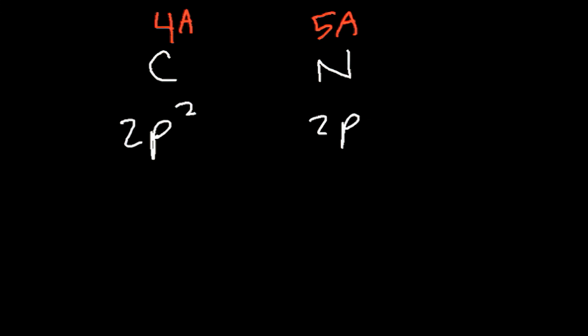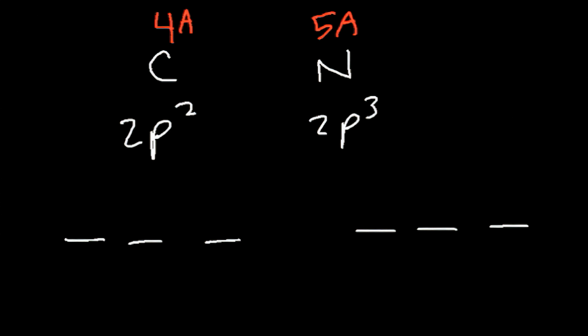But why is group 4 more exothermic than group 5? For example, carbon, which is in group 4, is more exothermic than, let's say, nitrogen, which is found in group 5A. Now, carbon has the configuration that ends in 2p2. For nitrogen, it's 2p3. So, if we add an electron to carbon and one to nitrogen, which one is going to be more stable?